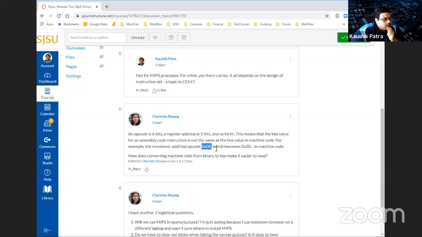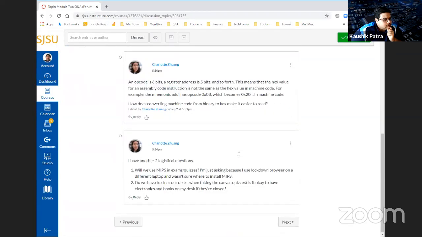Yes. I'm just trying to understand your question. Opcode 6 bits, register address 5 bits. Hex value for an assembly code instruction is not machine code.